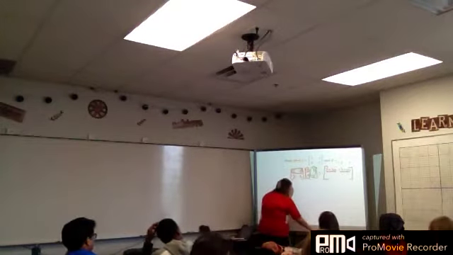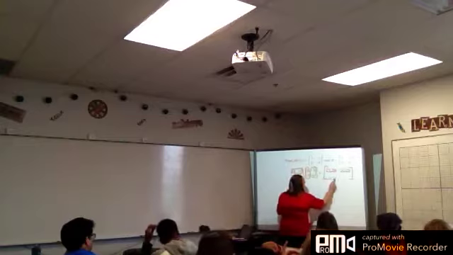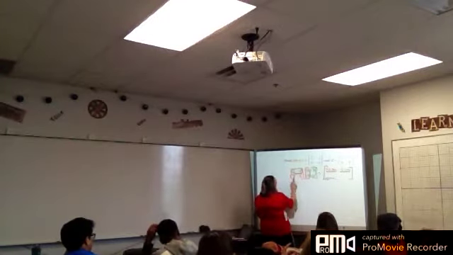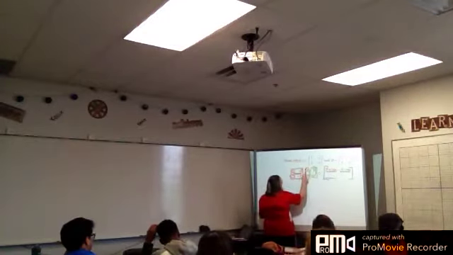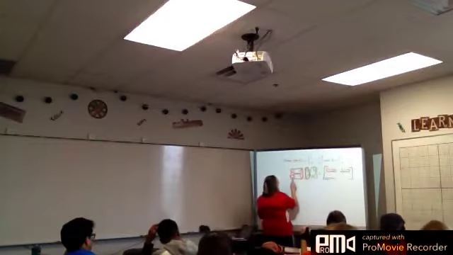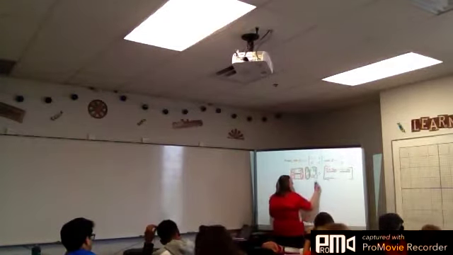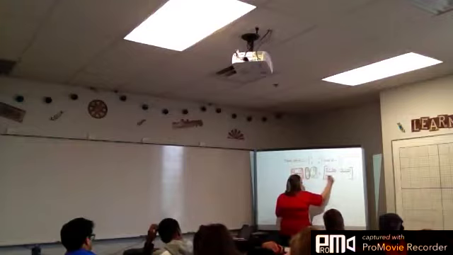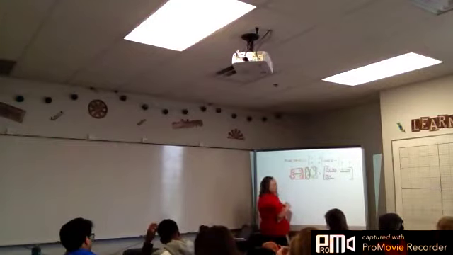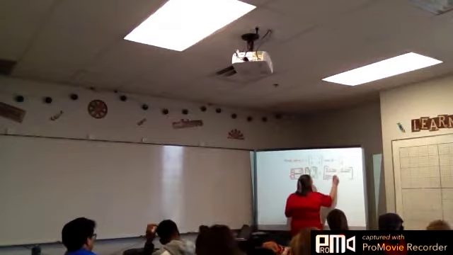To get this one right here, I have to take this row and multiply it by this column: 3 times 5, plus negative 2 times 9, negative 18.